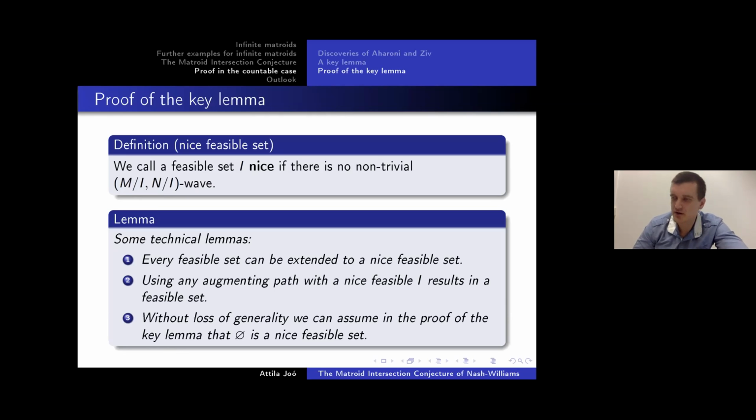This lemma is based on the fact that if we have two finite matroids on the same ground set, and one of them has a base which contains the base of the other one, and vice versa, then in this case they have a common base. That's the main idea in the proof of the first lemma.